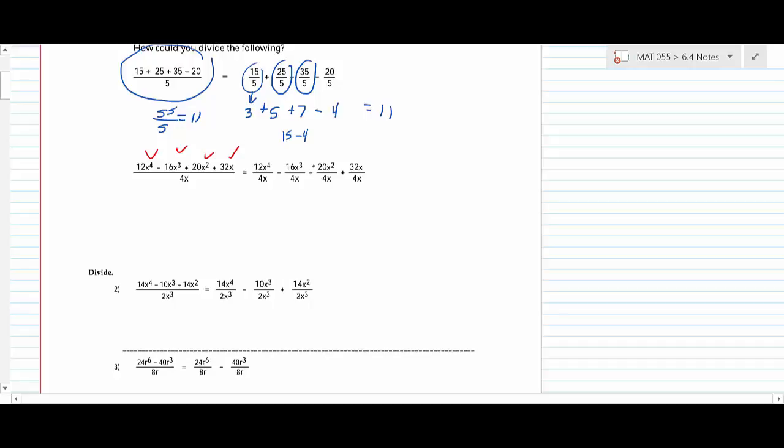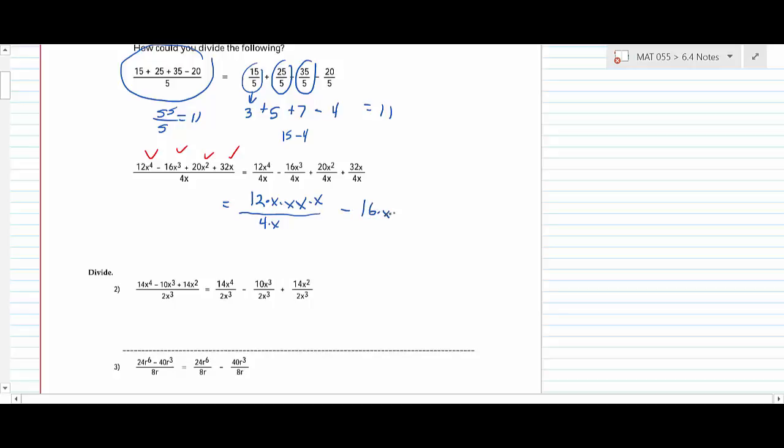All right? Now, you can do this in your head, but on this example, I'm not going to. I'm going to show you that some students beginning to learn this need to do this, but you don't have to. I'm going to write that as 12 times x times x times x times x, over 4 times x. I'm only going to do this one time.